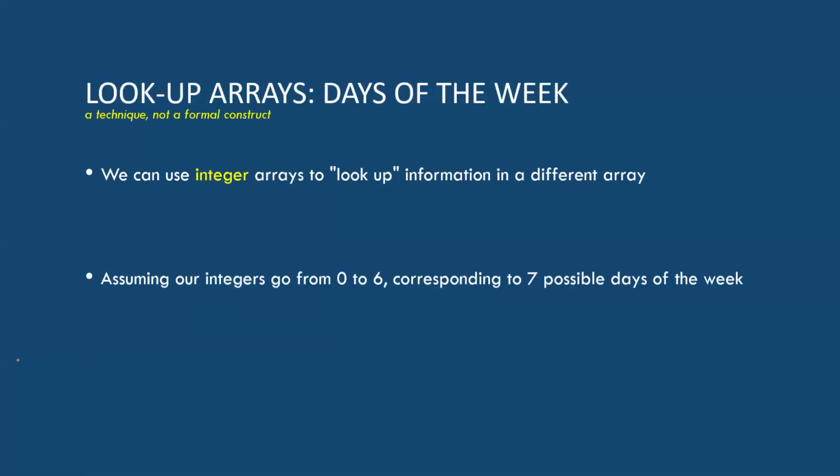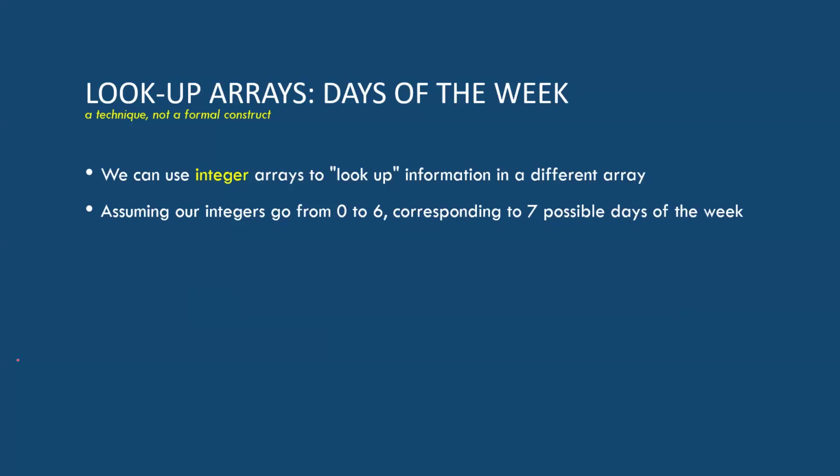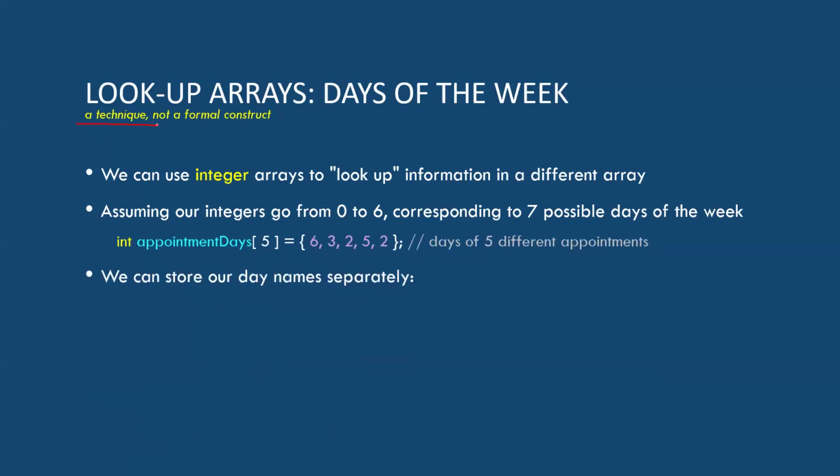And we said there are some tricks that we can do with arrays in general. So this is just like a strategy, and this is used a lot. We said that if you have some appointment days, and those days refer to day names, right? So notice my day names can go from 0 up through 6. That's 7 days, right?